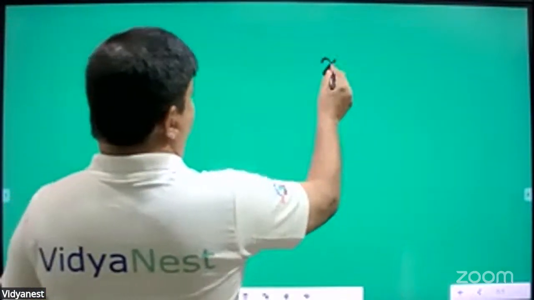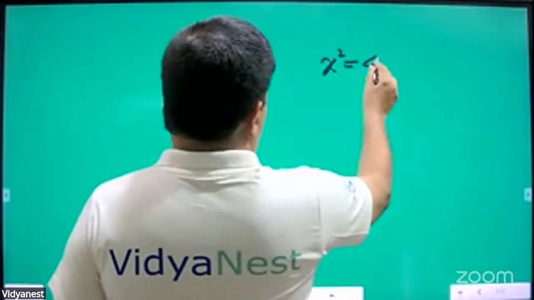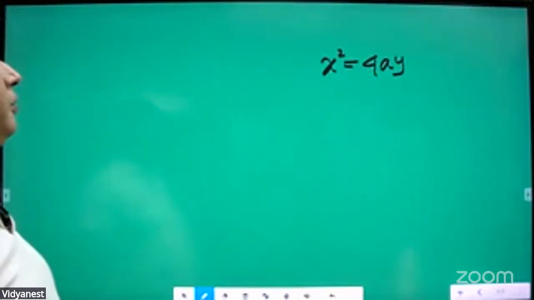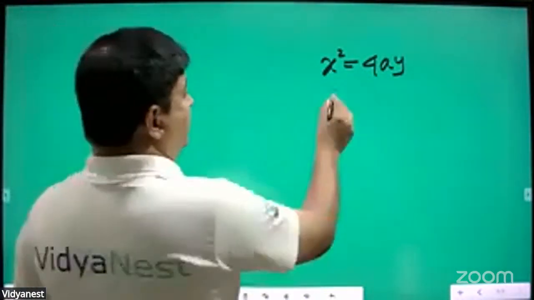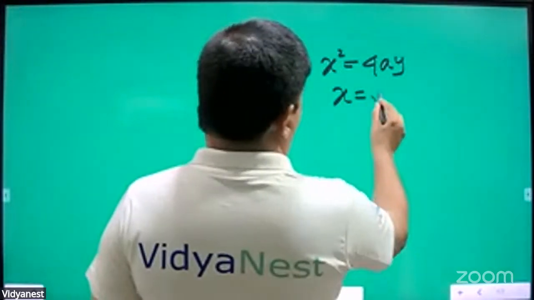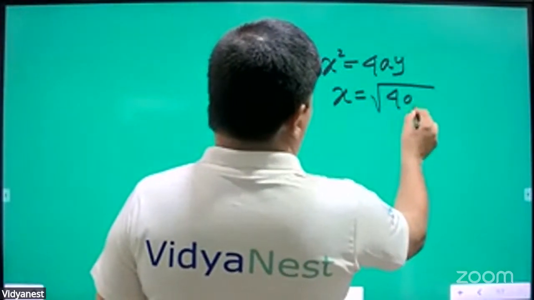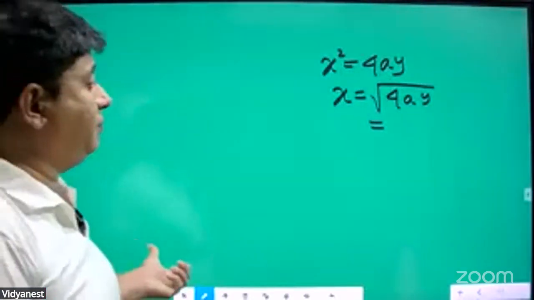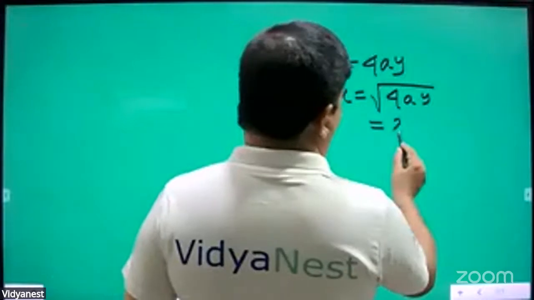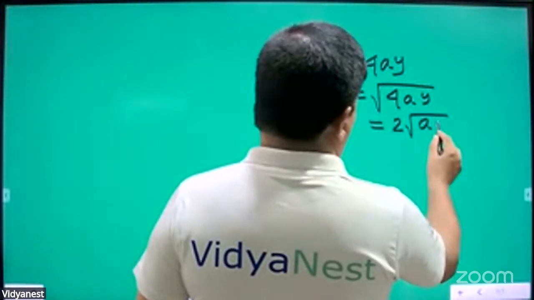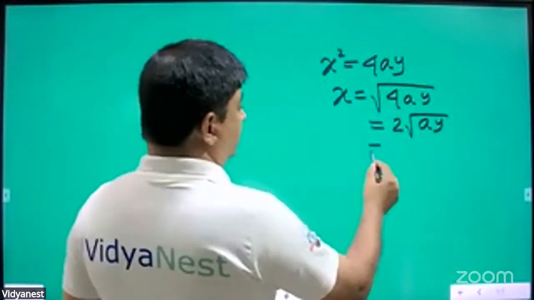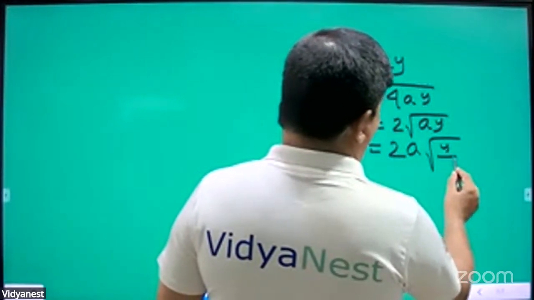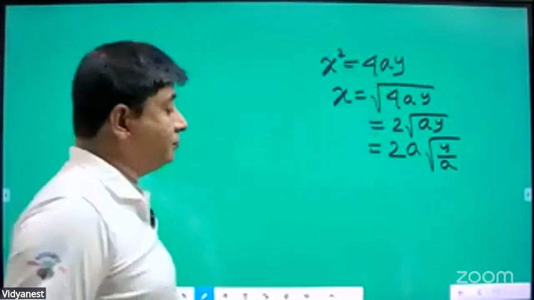Say x square is equal to 4ay. Then x is what? Root 4ay. Like the previous concept, I can bring 4 out of the root in terms of 2. You extract a and this will become y by a.